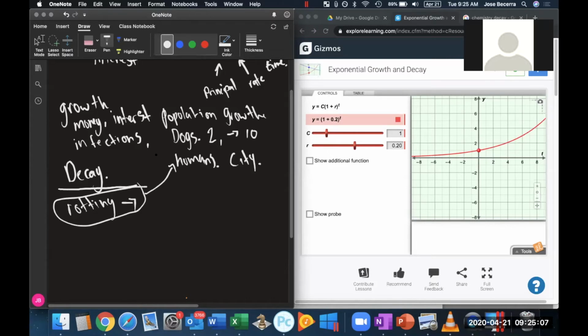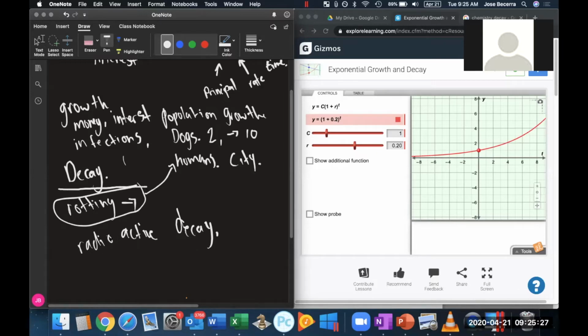Does that make sense? So it's not really decaying. But what I just looked up, radioactive decay, is actually a form of decay that does happen.